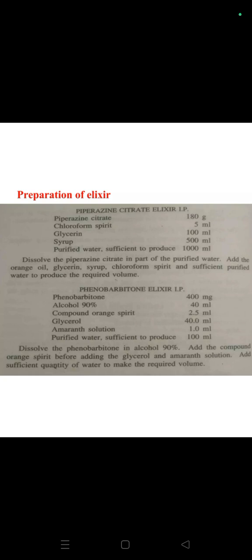1000 ml. Dissolve the citrate in a part of purified water. Add the orange oil, glycerin, syrup, chloroform spirit, and sufficient purified water to produce the required volume. Then phenobarbital elixir.